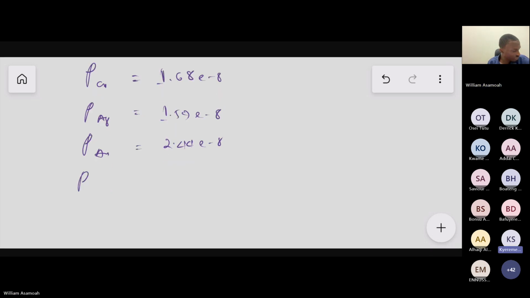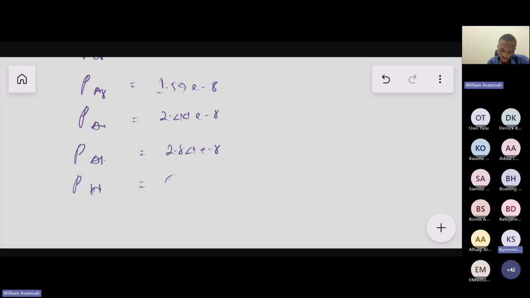Resistivity of aluminium is equal to 2.84 times 10 to the power -8. Then resistivity of tungsten is equal to 5.60 times 10 to the power -8.